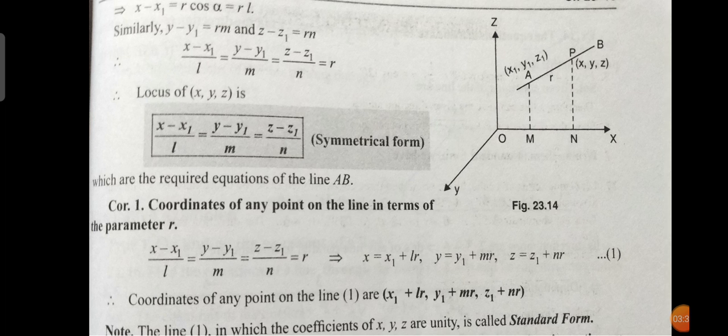Then you will get x equals x1 plus l r, y equals y1 plus m r, and z equals z1 plus n r. Then you get the coordinates x, y, z. The coefficients of x, y, z are unity, which means it is the standard form.